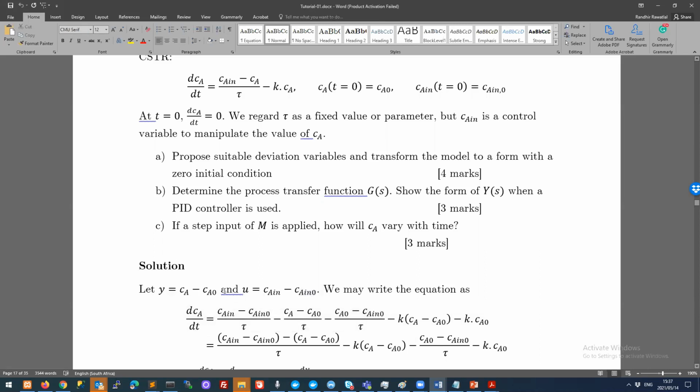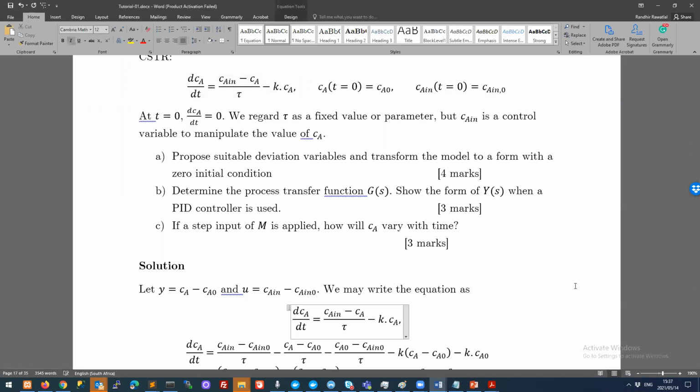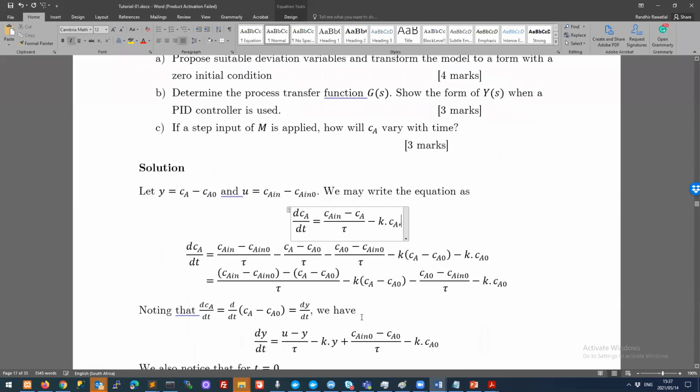So we've got that. Now, what we do is expand this equation such that we have all those terms in there. And we do that by adding and subtracting. In fact, what I need to do is show that a bit. Let's say now we wanted to create the CA in.